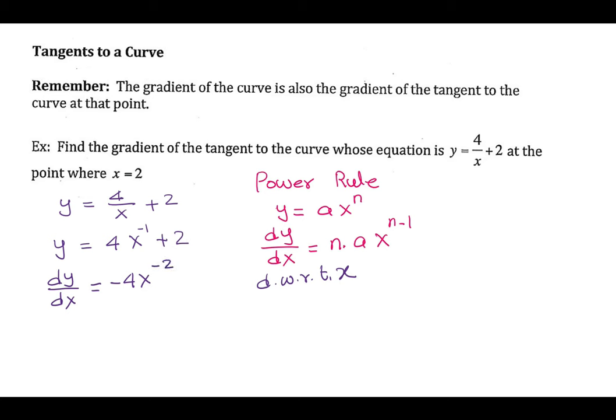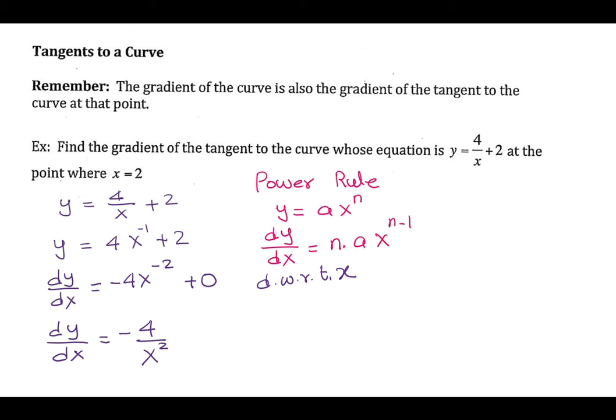Now plus 2 is a constant, its derivative is 0. So we need not even write it. If you want, you can, but we are going to avoid it hereafter. So dy/dx, now that we found the derivative, is good to write in the normal way, which is minus 4 over x squared. Makes sense? So we have found the derivative.